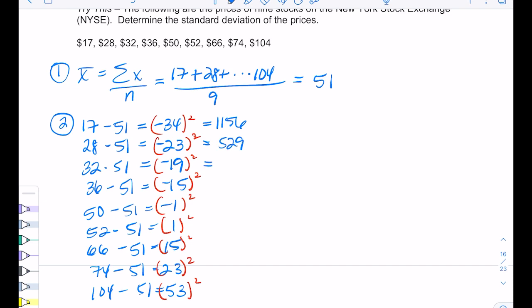So all I'm doing now is squaring, negative 19 squared, and so on. If you're using a calculator and typing in negative 19 squared, be sure to put parentheses around the negative 19. Otherwise, it's going to square the 19 and then add the negative at the end, and that's wrong. You're squaring a negative 19, not a positive. So be careful.